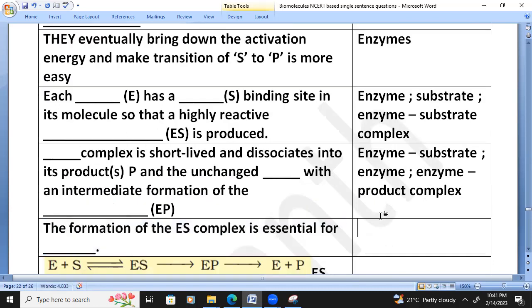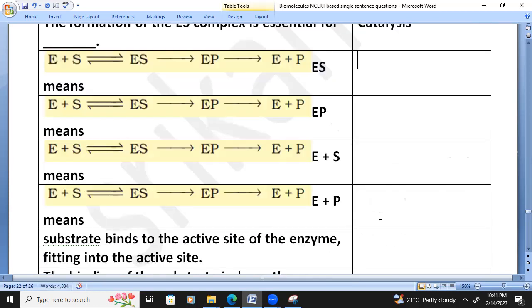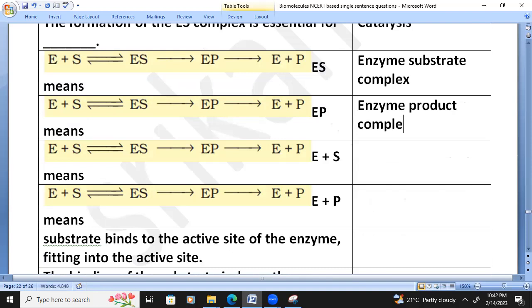The formation of the enzyme substrate complex is essential for catalysis. E plus S, ES, EP, E plus P. ES means enzyme substrate complex. EP means enzyme product complex.